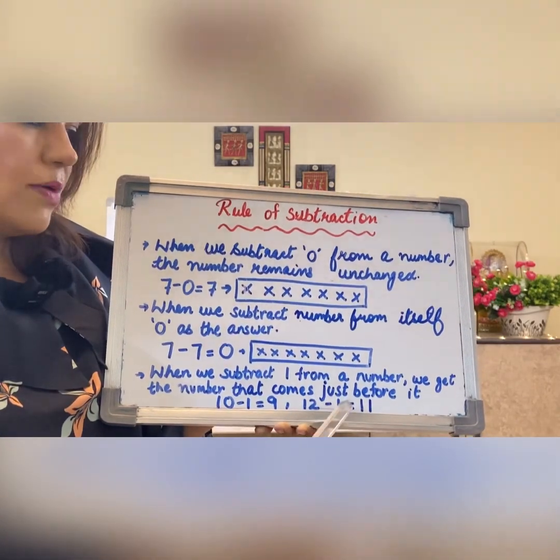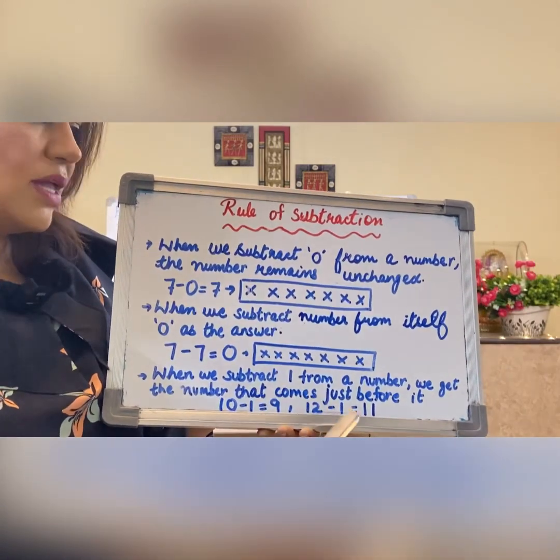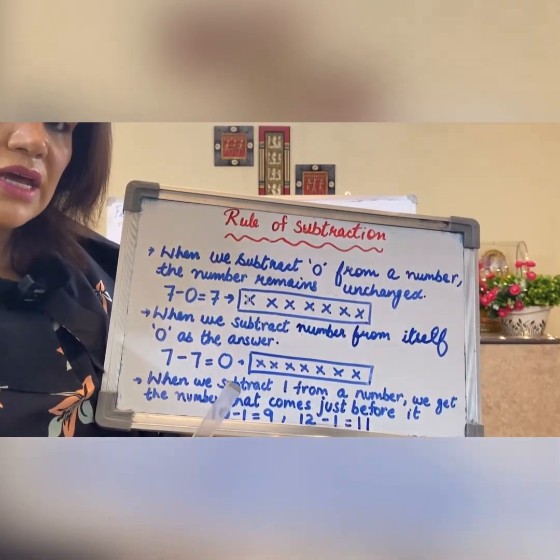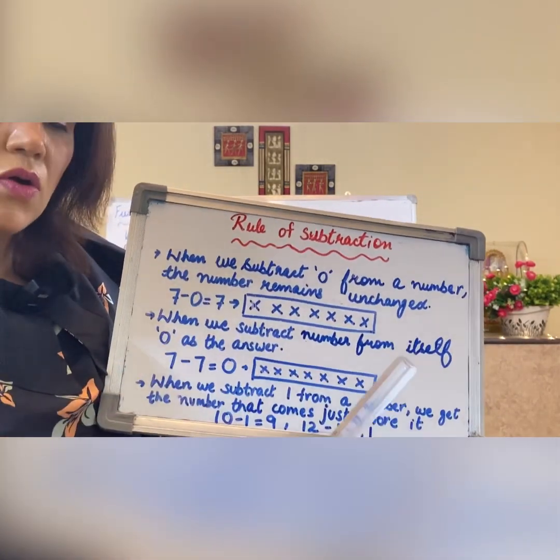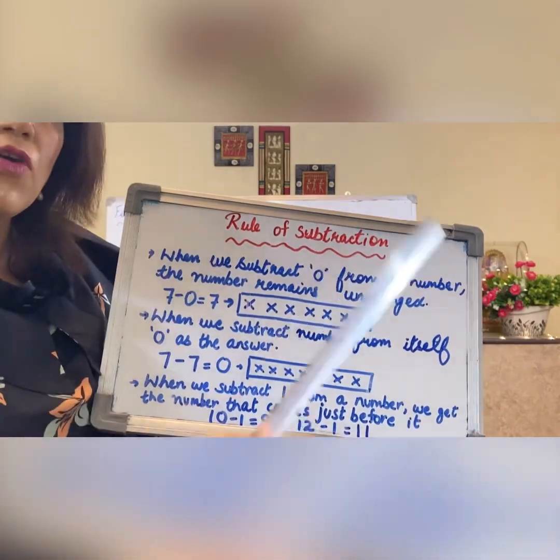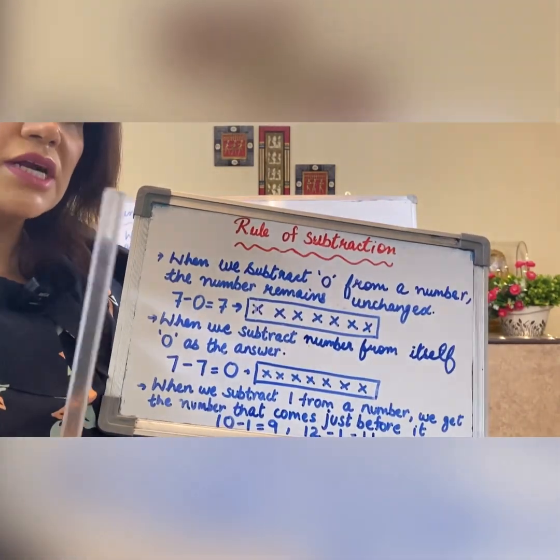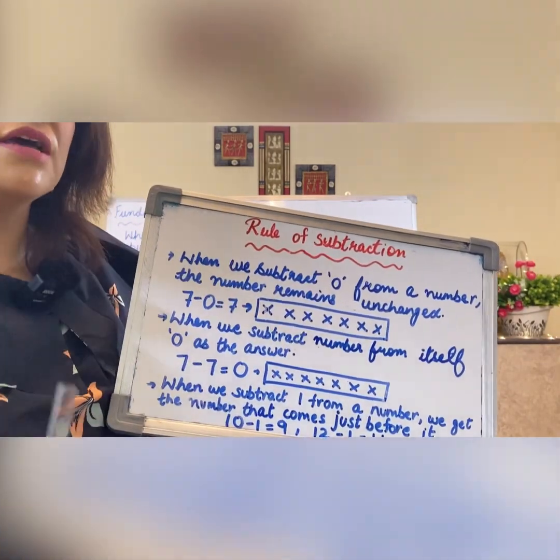From 12, if I am subtracting 1, I am taking one step backward. What will be the answer? The answer will be 11. So if I am subtracting a number from itself, I am getting 0. But if I am subtracting 0 from a number, I am getting the same number. And if I am subtracting 1 out of it, that means I am taking one step backward.